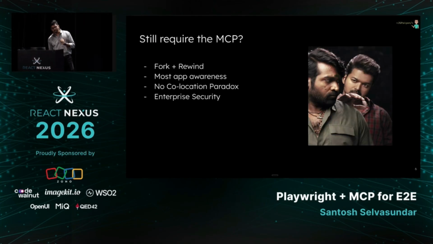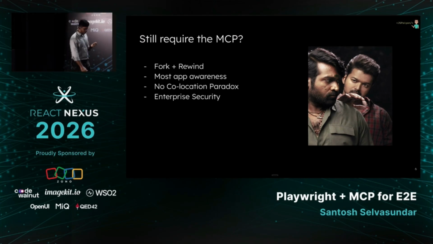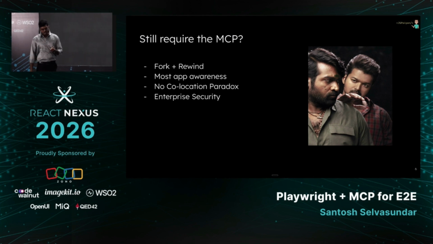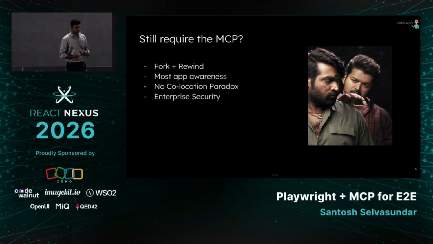But still, why is MCP required? So here comes the problem, right? MCPs have this unique advantage of the agent being part of the agentic loops. What I mean by that: let's consider I write a Playwright script. Let's consider I am, as a person, writing the Playwright script.